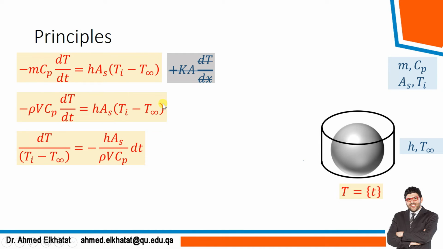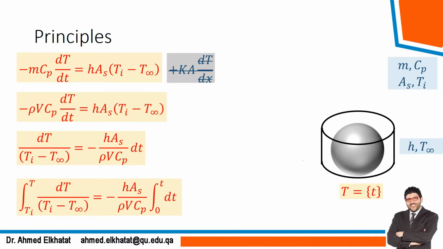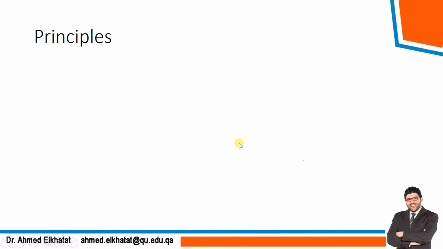So it will be like this. Why do I put it like this? Because I want to integrate, from T initial to T, and time from 0 to t.